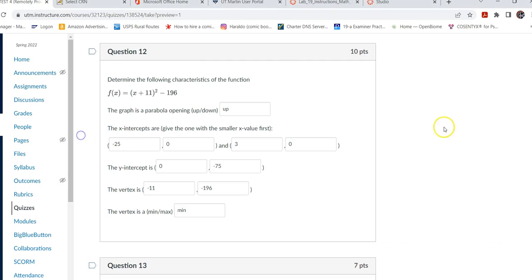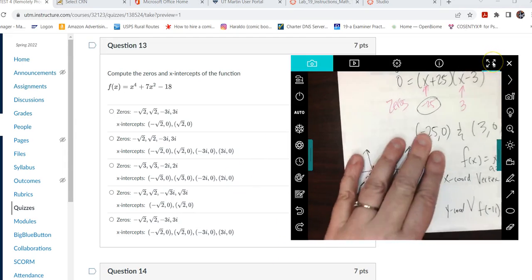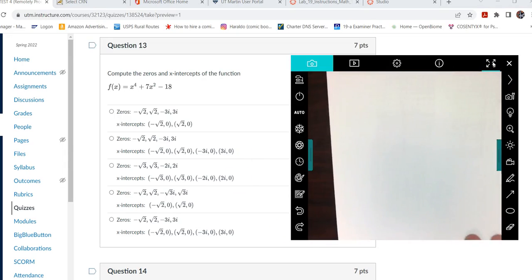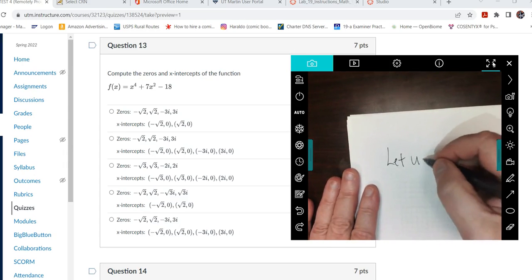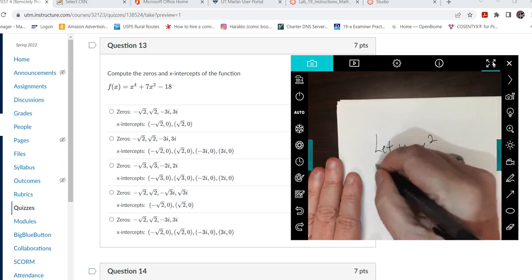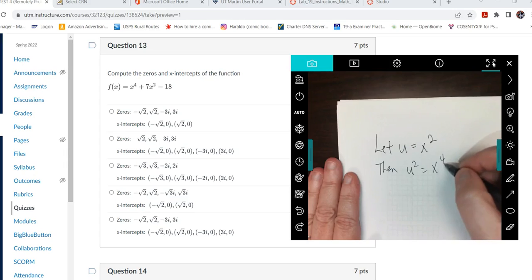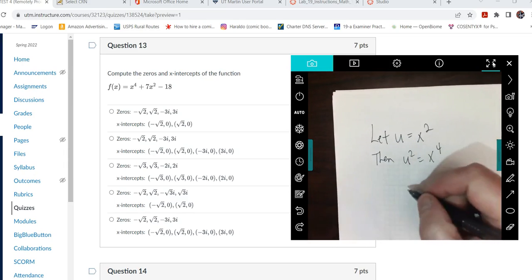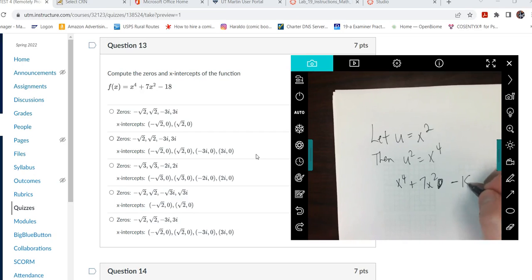Okay, this is one where you need to substitute, like was shown in the exercise in the lab and on web work. So let u equal x squared. Then u squared is equal to x to the 4th. And so I can rewrite this minus 18.